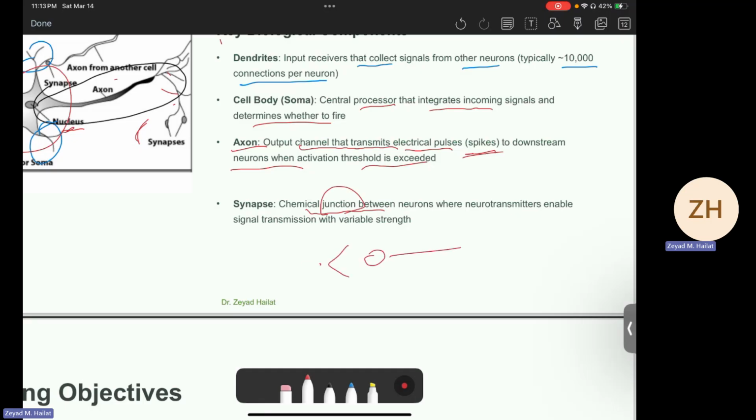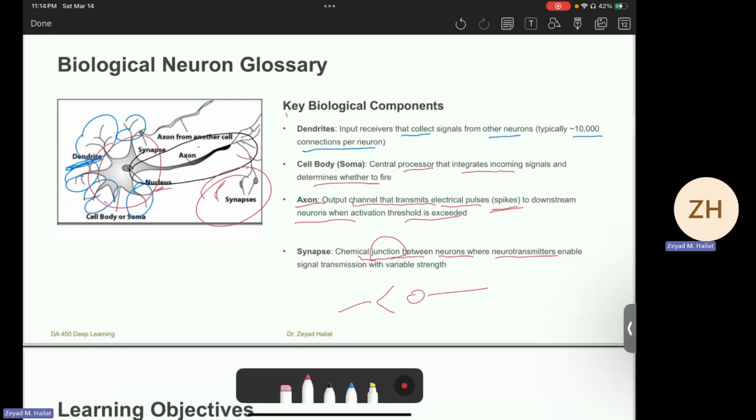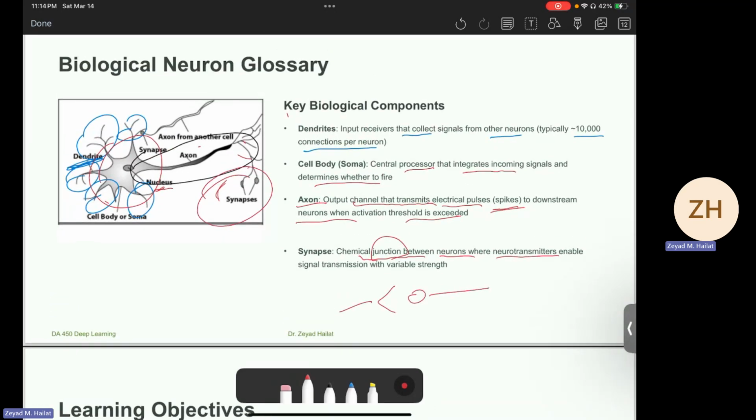So these are synapses between neurons, where neurotransmitters enable signal transmission with variable strength.